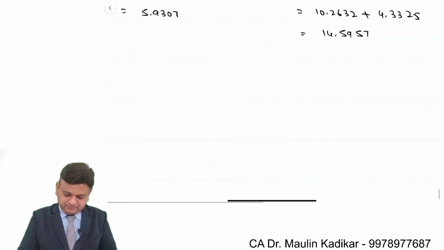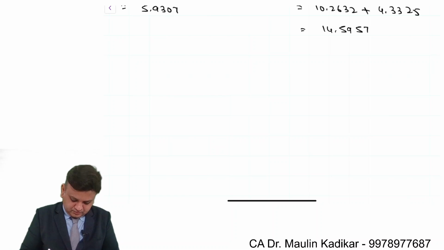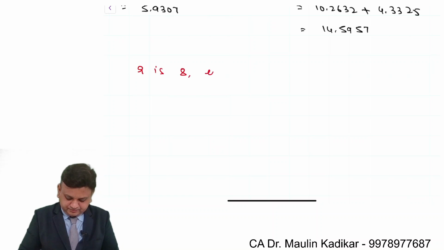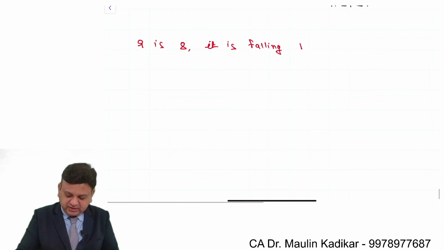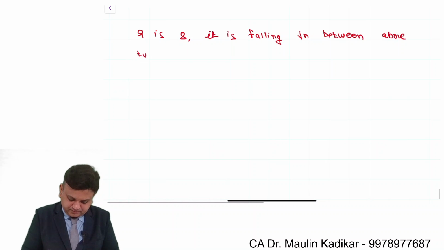Let us write the answer. R is 8, comma, it is falling in between the limits. Full stop.